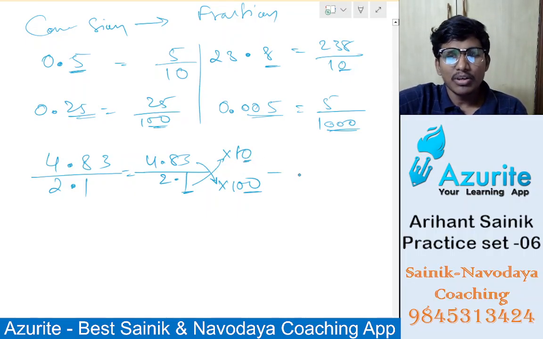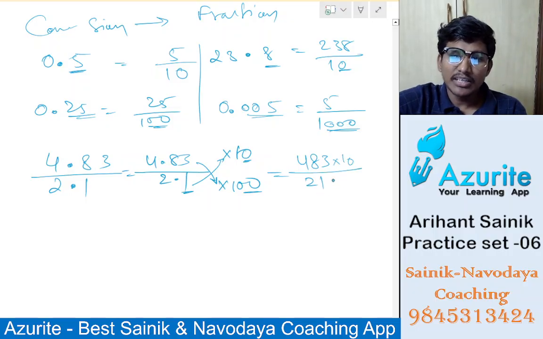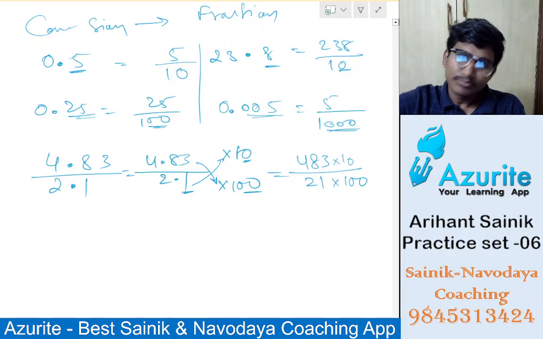Now the points will get cancelled. 483 into 10 divided by 21 into 100 it will become. Or you can shift the point.